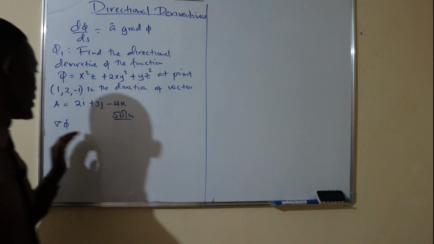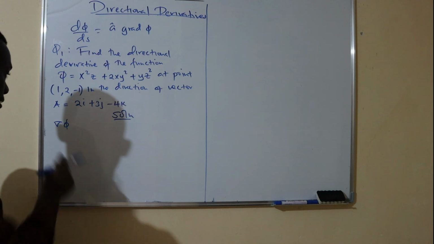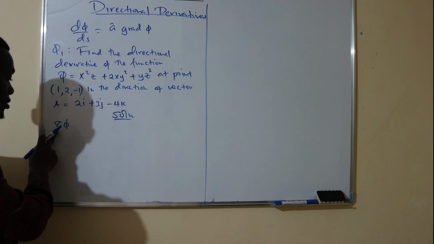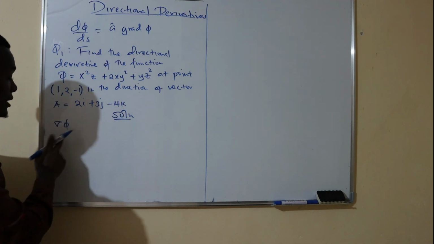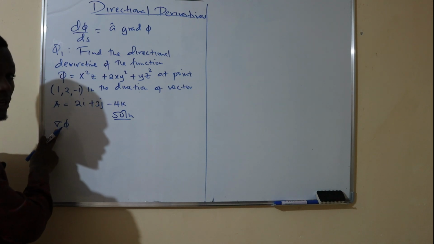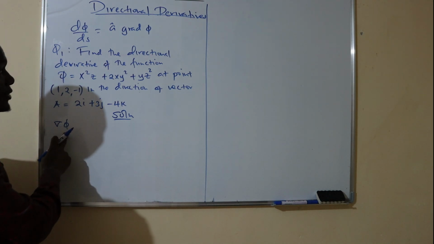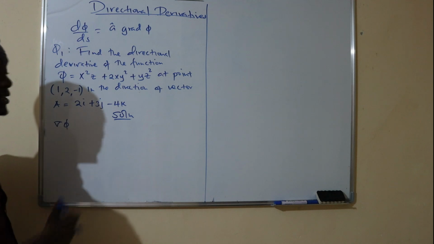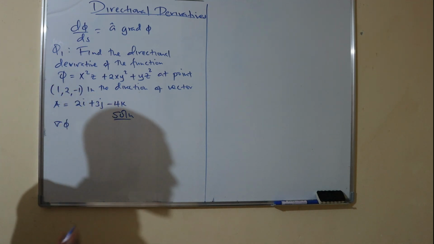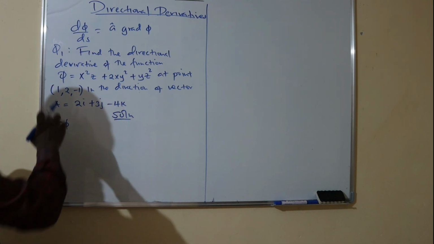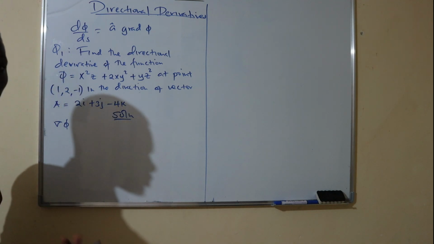Are we together? Here the operator acts on the function, and our function is given by phi. Remember, it is not a must that every time your function is given in terms of phi. It can change to another letter.